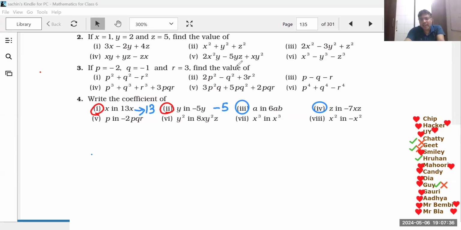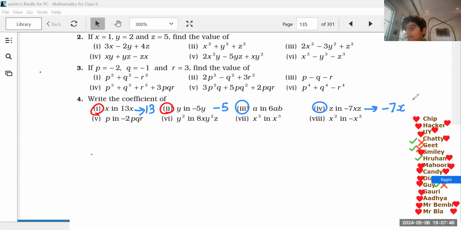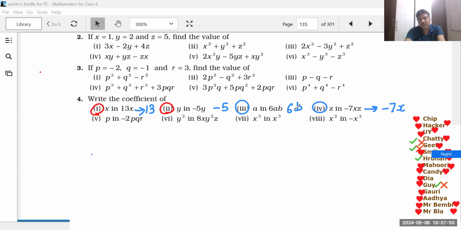So can you speak the fourth answer? So negative 7x. And this will be 6b. All right, guys, ma'am, please erase the names. Do the fifth and sixth part.